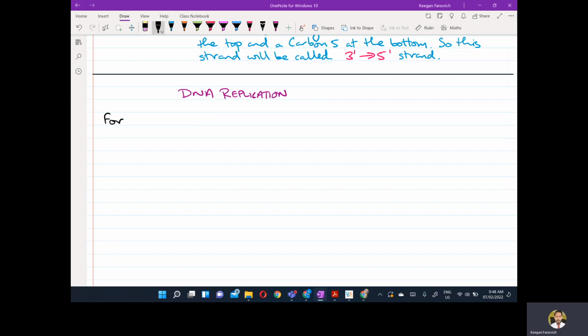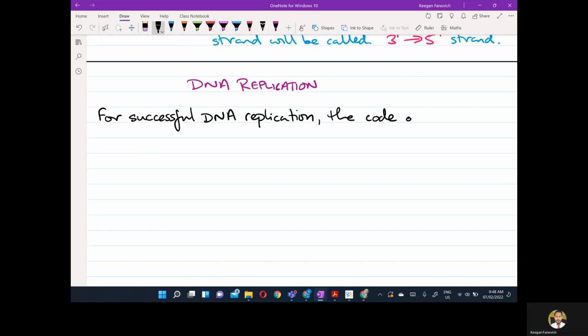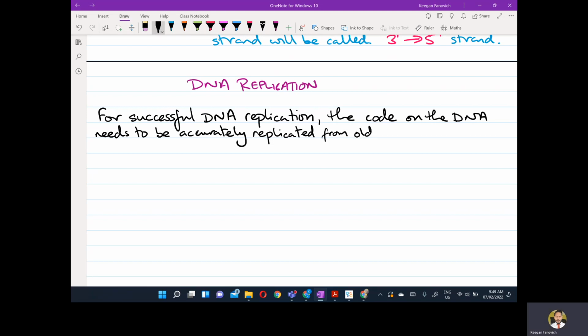So first off, before we start talking about DNA replication, we need to understand that for successful DNA replication, the code on the DNA needs to be accurately replicated from the old strands to the new strands.